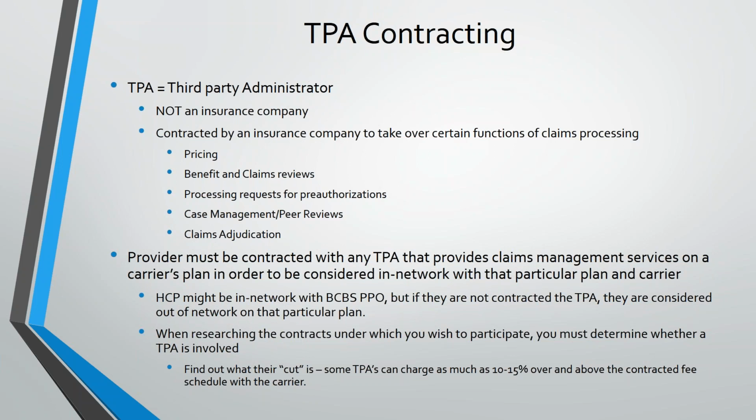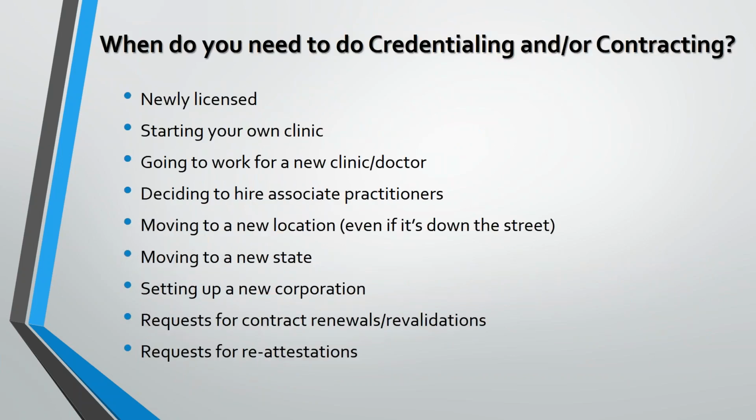It could be as high as a 10 to 15% reduction over and above the contracted fee schedule with the carrier. So be aware that the TPA may assess what's called an administrative fee, or they sometimes build the cut right into the fee schedule that the TPA offers. So just be aware of all of that when you're looking at contracting, and the contracting may involve a TPA.